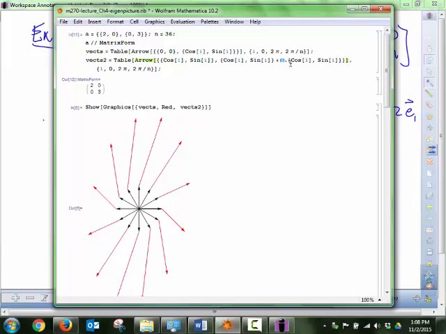So I have my matrix A dotted with this. This is a row vector.